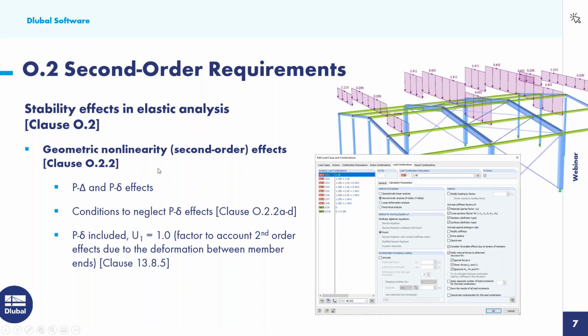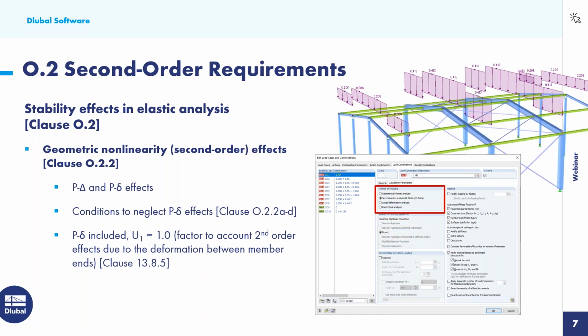It's applied to the required moment force, and it's a factor to account for second order effects due to the deformation between the member ends. So it makes sense that if we can account for P little delta, then we're going to probably increase this factor so that we can consider it in the design portion instead. Now, again, as I mentioned before, we saw this dialog box over on our right.